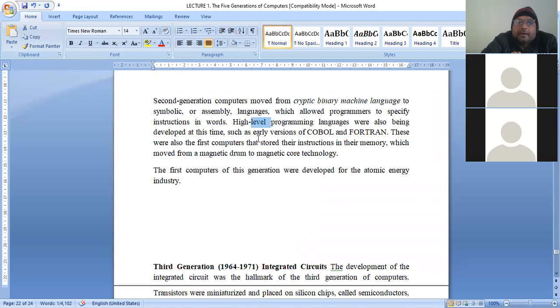During the second generation, instructions were kept in memory, which moved from magnetic drum to magnetic core technology. That means before they were using magnetic drum for storage, and from the second generation onward they moved to magnetic core technology.